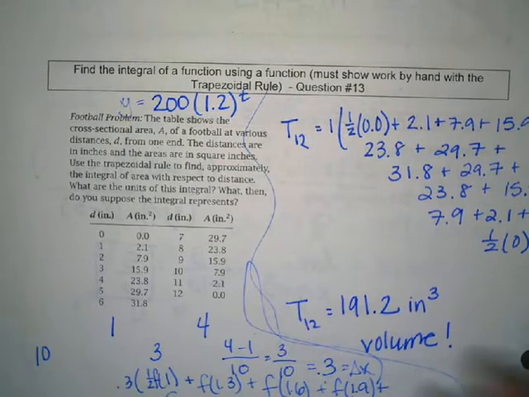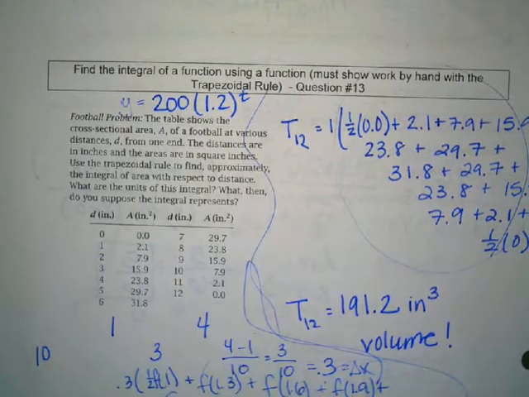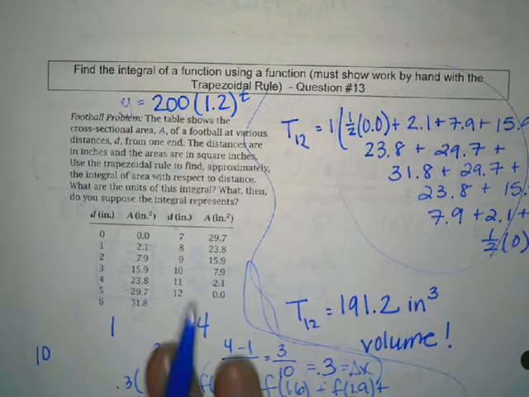Your next step would be to plug 1 into the function, 1.3 into the function, 1.6, 1.9. So then all of these values become y values, and then it's just punching them out. In the earlier case, it was just punching out the y values because they were given to us in a table. But you have to be able to do it with a function.